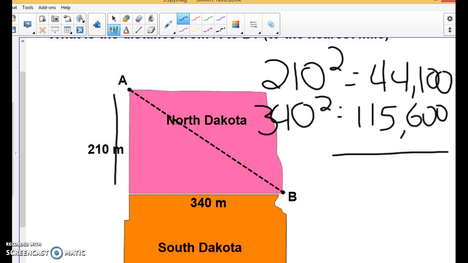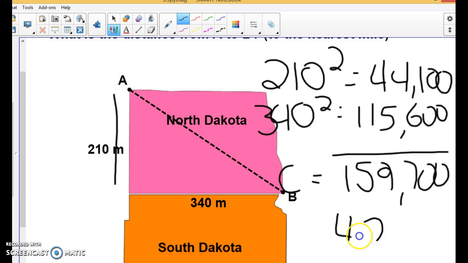I add those two up and I get 159,700. Remember, this is my c squared, so I need to figure out what number squared gives me 159,700, and it ends up being about 400.